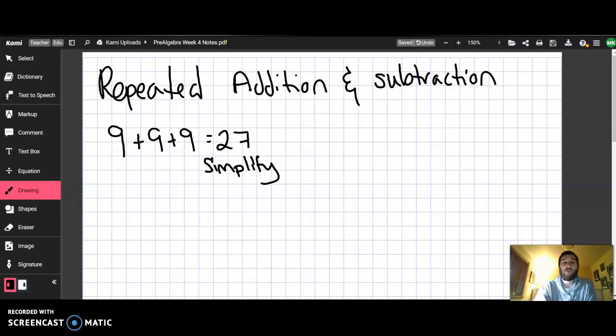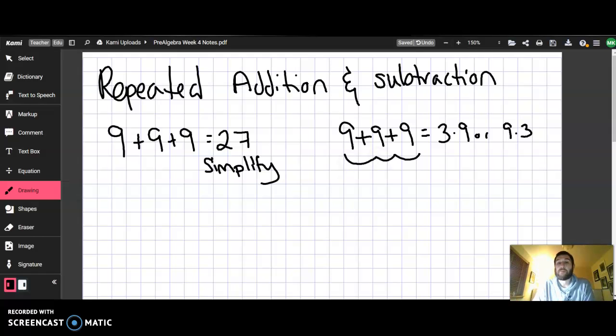If we were to rewrite, then we're taking the 9 plus 9 plus 9, and we're not actually writing it as a single number at all. What we're doing is rewriting it with multiplication. So 3 times 9, or 9 times 3. Either of those is correct. And why is it 3 times 9? Well, because we're repeatedly adding by 9.